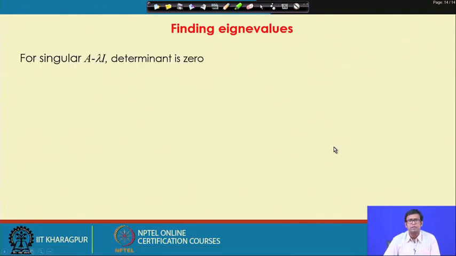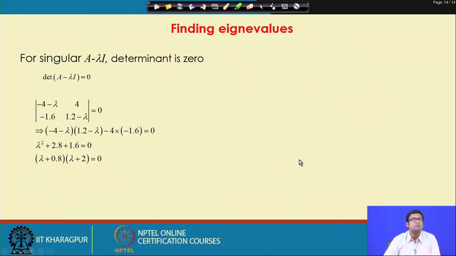For singular A minus λI, the determinant is 0, and that will give us an equation from which we can find the values of λ. So, the determinant of A minus λI is equal to 0, which gives us (-4-λ)(1.2-λ) minus 4 times 1.6 is equal to 0, which is λ squared plus 2.8 λ.